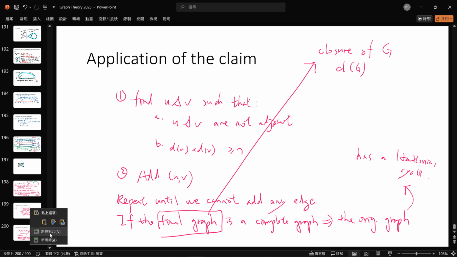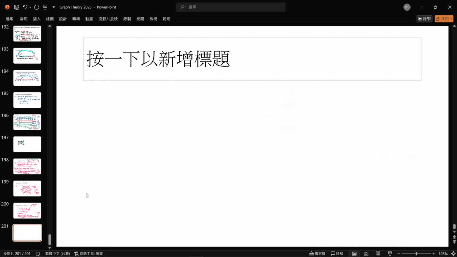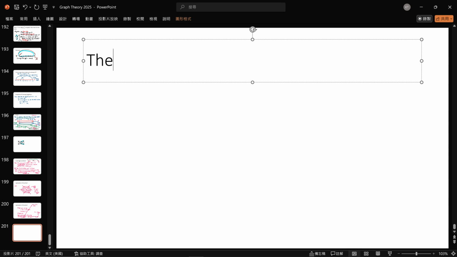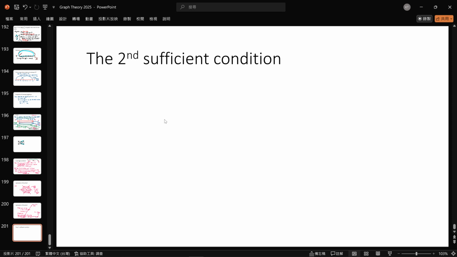And this will give us the second sufficient condition. Okay, so I'll use G prime to denote the closure of G. Okay.